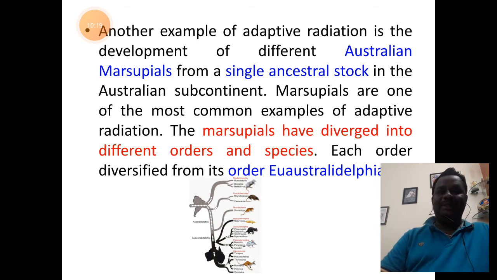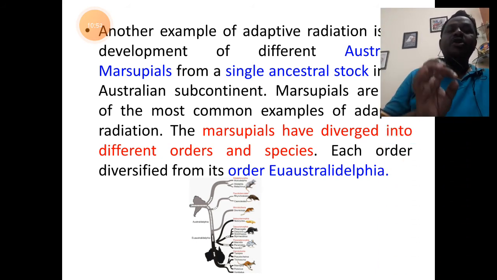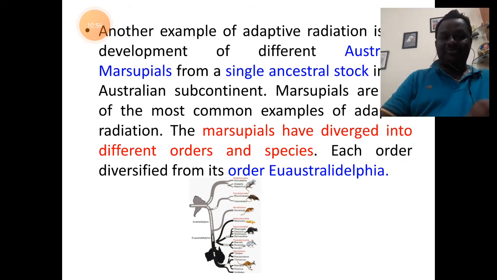The other example related to adaptive radiation is Australian marsupials of different types originating from a single ancestral stock. Students, marsupials are mammals which diverge into different orders and species from a common ancestral variety called order Australidelphia.